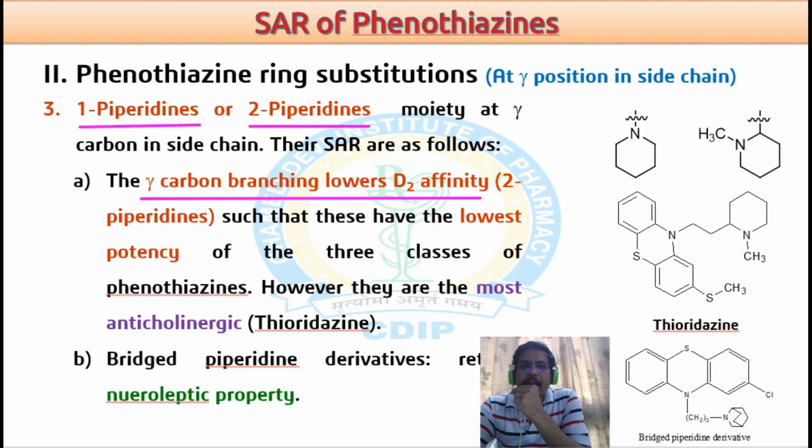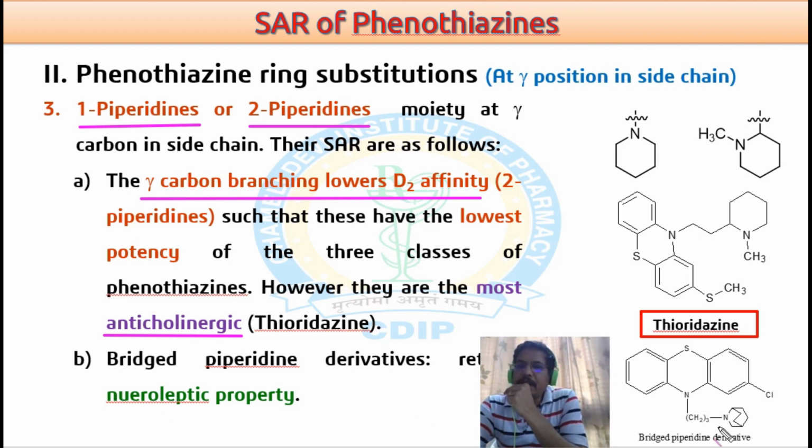An example is thioridazine, where the 2-piperidine substitutions are there, and they are showing somewhat more anticholinergic action as compared to the antipsychotic action.